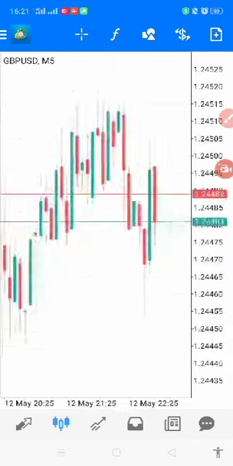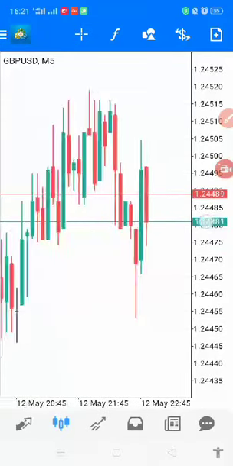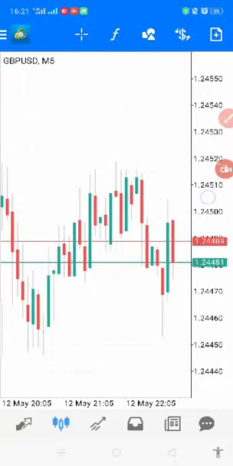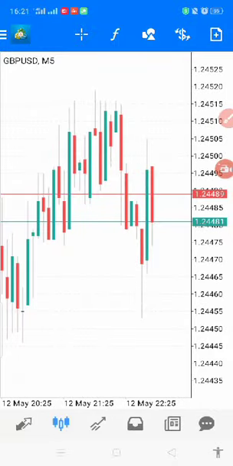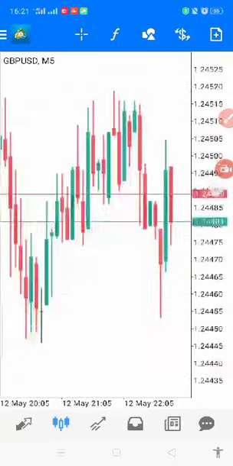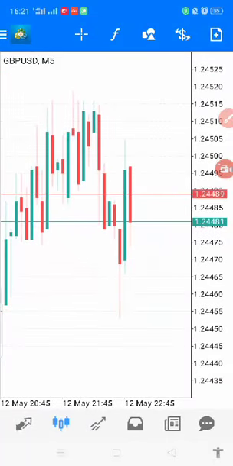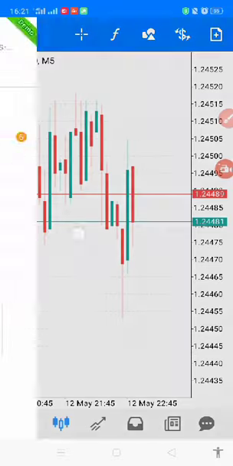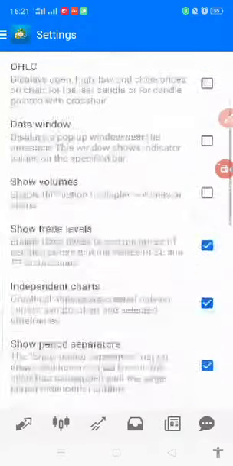Look at this line right here. The green one is known as the bid price line, while the red one is known as the ask price line. Now they are asking, do you want this ask price line to be visible? If yes, you turn it on. But if no, you turn it off. Let's turn it off and see what it looks like.